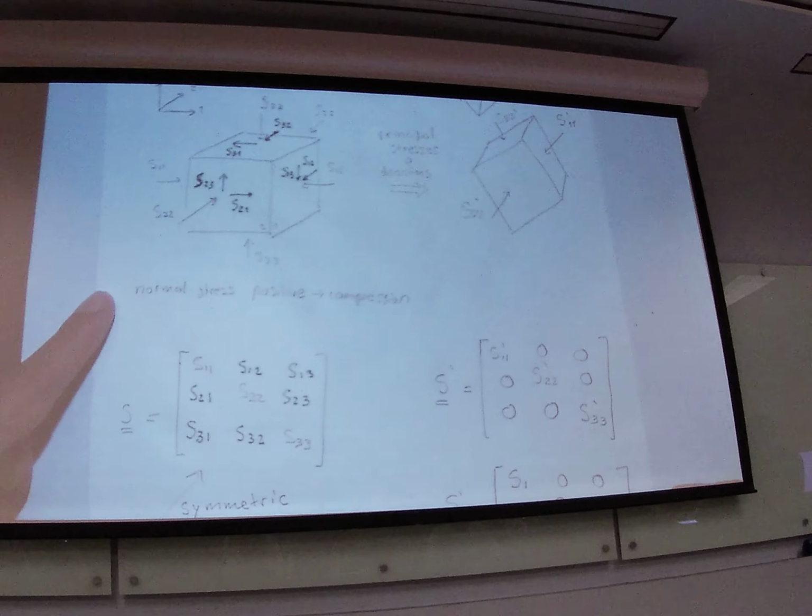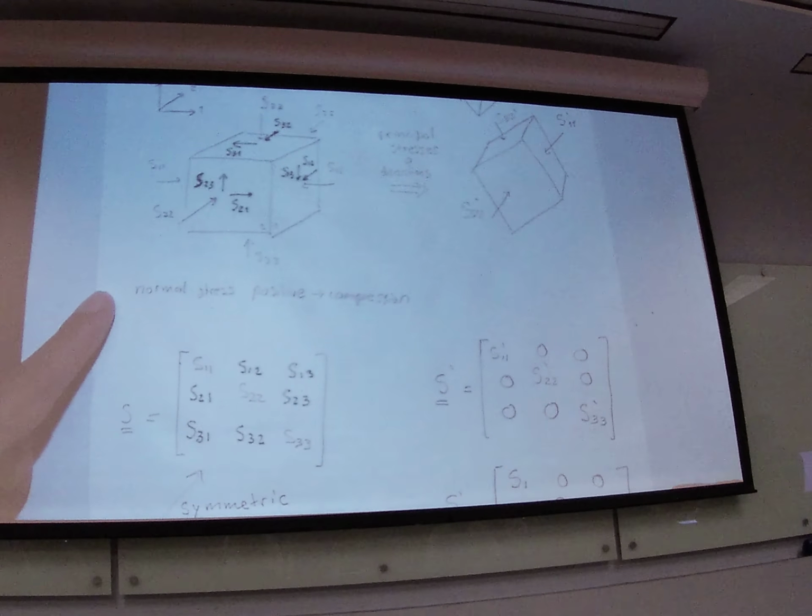So you can use the Mohr circle to calculate these numbers, or as I told you before, you can use eigenvalues. And for example, in MATLAB, I think the command for eigenvalues is EIG. EIG of the matrix will give you the eigenvalues and eigenvectors.